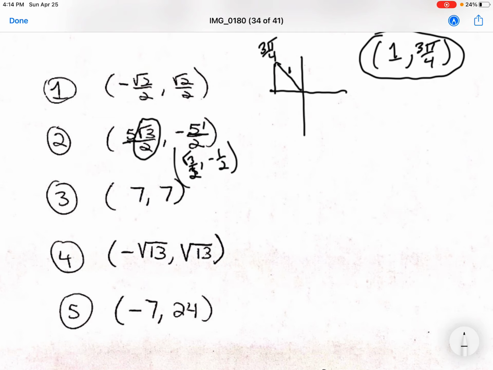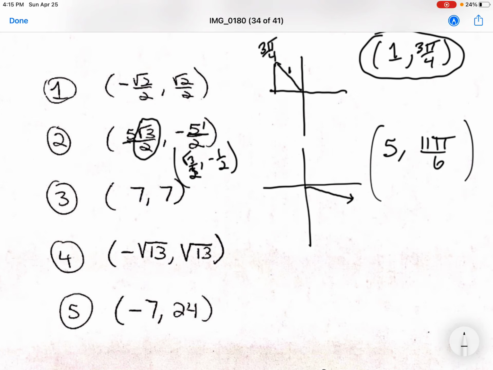So my radius is 5. And this is a positive, negative. So if you look on the unit circle, positive root 3 over 2, negative 1/2, what is the radian at that spot? And that is 11 pi over 6. Okay.